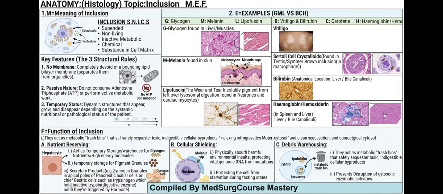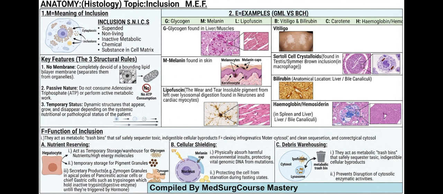B is bilirubin, and C is carotene in white skin, H is hemoglobin. We also have hemosiderin. Hemoglobin is found in blood cells, and then hemosiderin is found in spleen and liver. So quickly we look at the functions of inclusion.